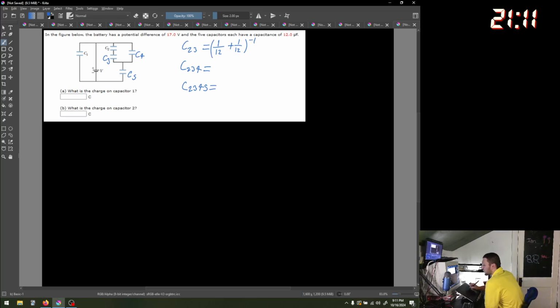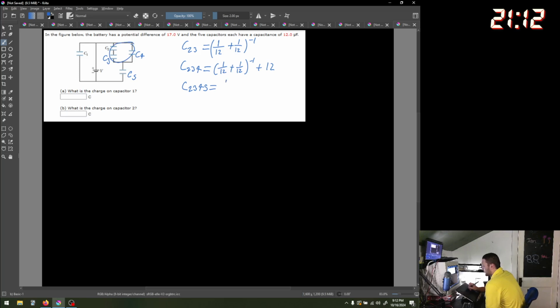Now 2, 3, 4 is going to be the C equivalent of 2, 3 in parallel instead of series. So this is going to be 1 over 12 plus 1 over 12, inverse, plus 12. And then C234, this entire top part, could be thought of as one singular capacitor that is in series with this one.